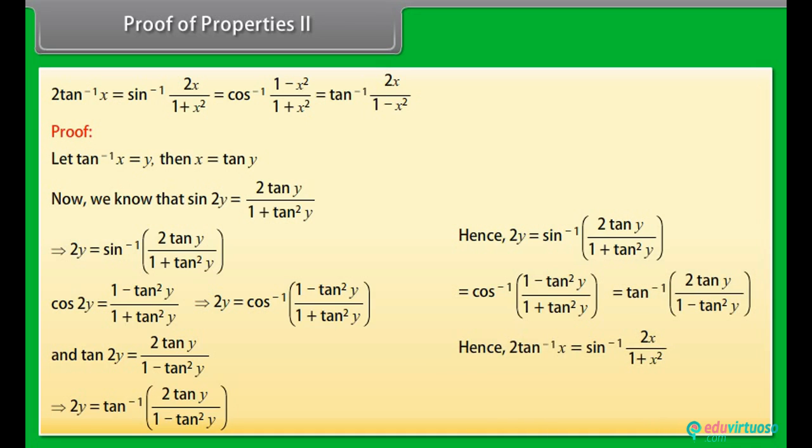Hence, 2 tan inverse x is equal to sine inverse 2x by 1 plus x square, which is equal to cos inverse 1 minus x square by 1 plus x square, which is equal to tan inverse 2x by 1 minus x square. Example.